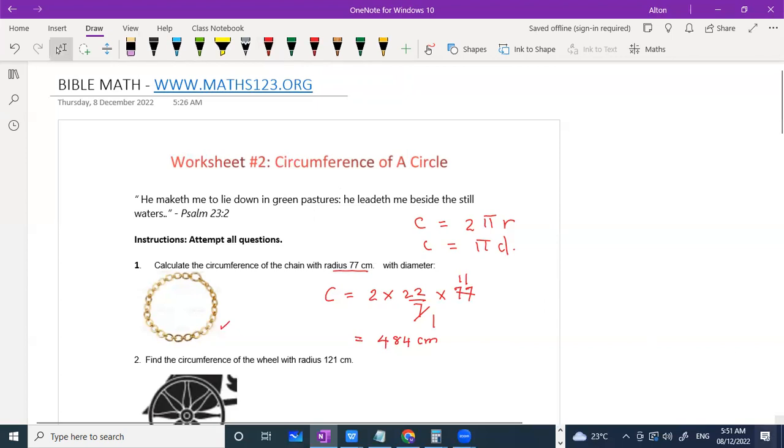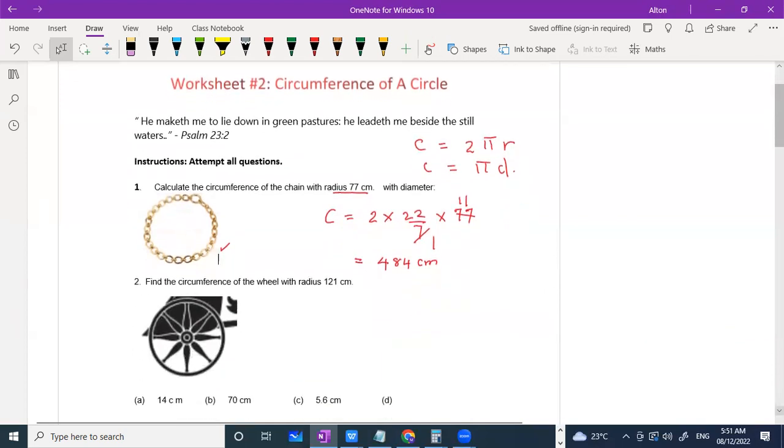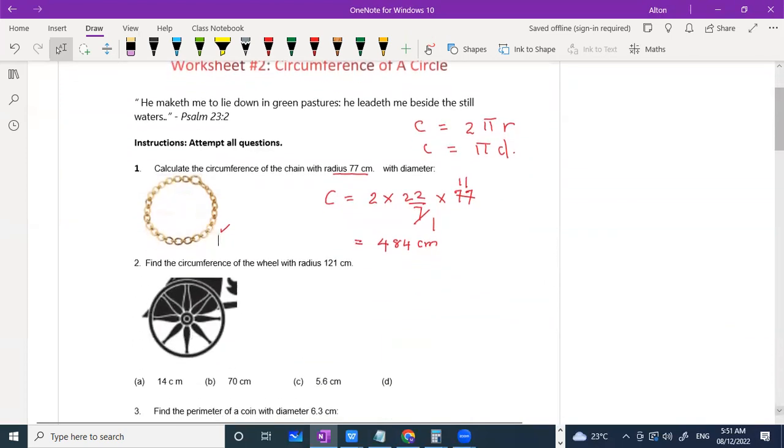So question number 2. In question number 2, we are given the wheel of this chariot, all right? And again, we are told that the radius is 121 centimeters. Okay, so we can just ignore these numbers down here. Well, let me not say that.